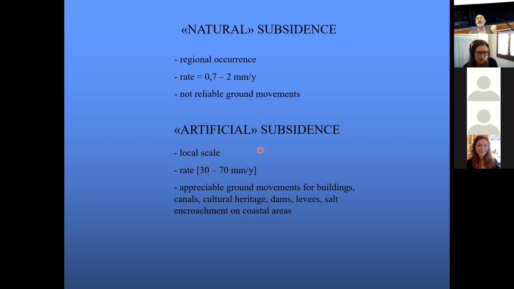But if you have strong pumping by wells, you can induce an artificial subsidence rate that is much higher than the natural one, with rates between 30 and 70 millimeters per year, so about one order of magnitude higher than the natural rate. Why do you have this?